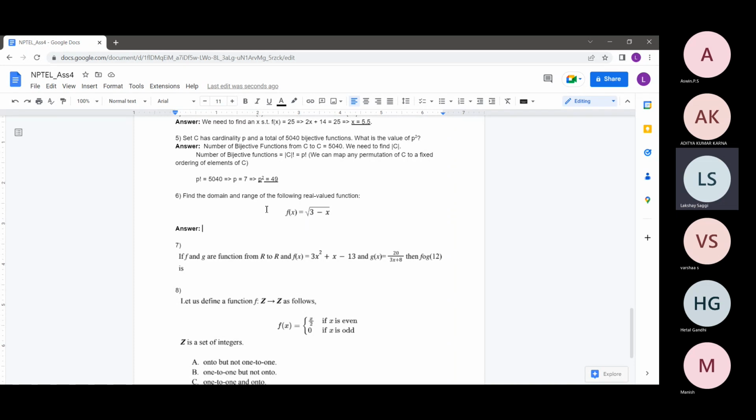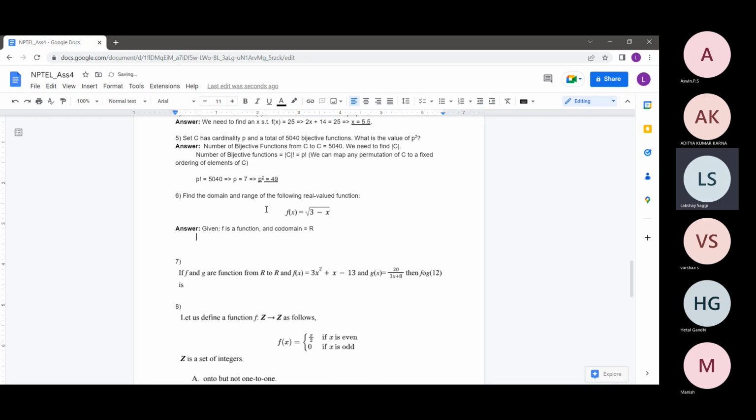So we are just given that f is a function, and the codomain is real, because they have said in the question itself that the function is real valued.